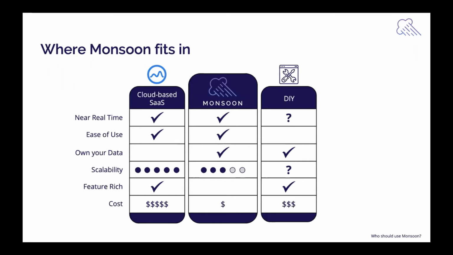The good news is that the Monsoon team has already invested the engineering hours, so you don't have to. We also charge no platform fees. You only pay the AWS charges stemming from the infrastructure spun up to run your test. This makes Monsoon significantly more affordable than either cloud-based SaaS solutions or DIY approaches.